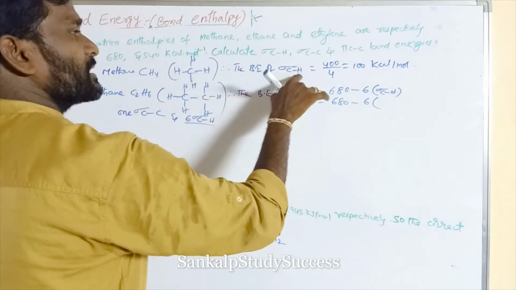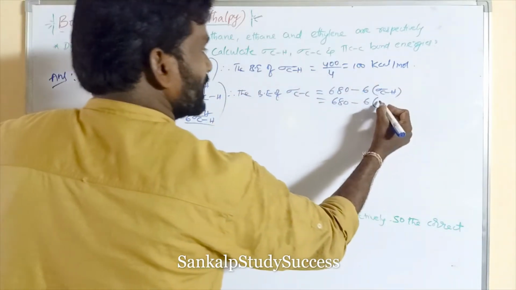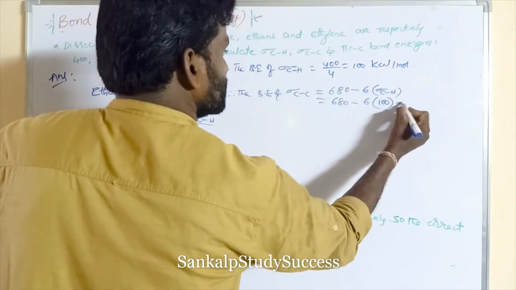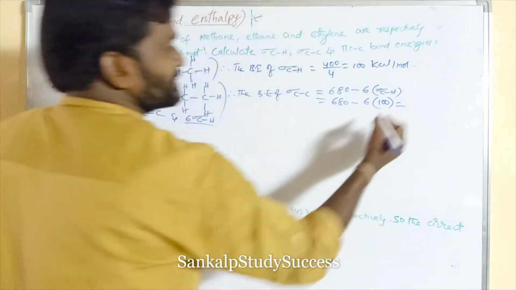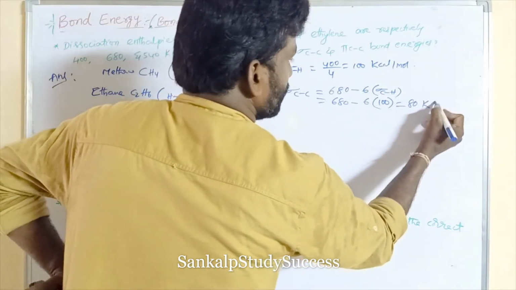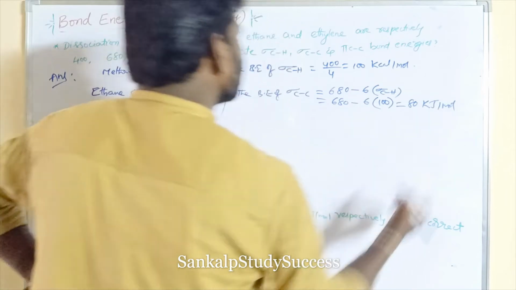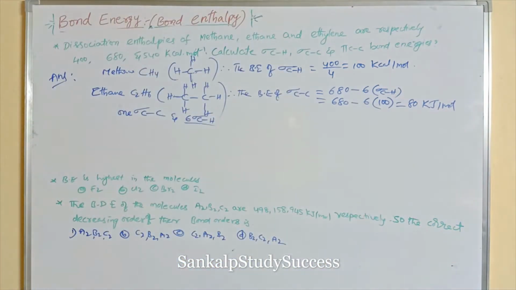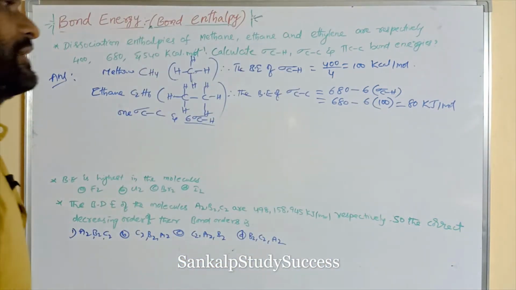The bond energy of sigma C-H is 100, so 6 into 100. So it is 680 minus 600, which is equal to 80 kilojoule per mole. This is the bond energy of sigma C-C.